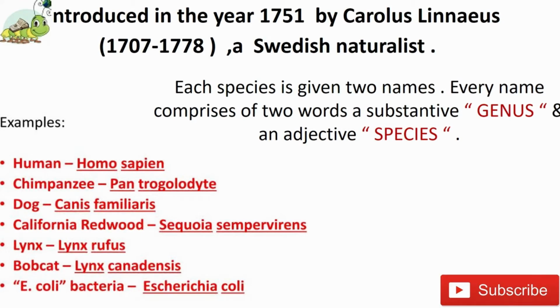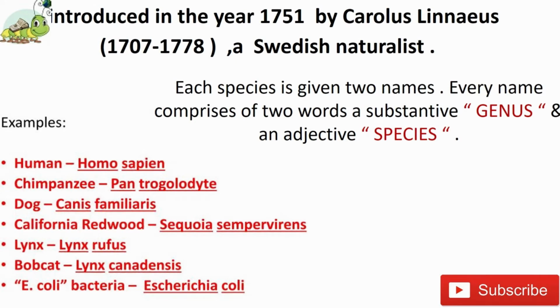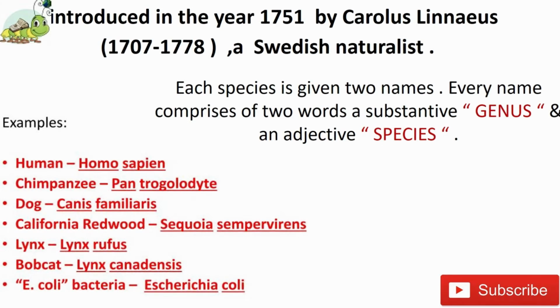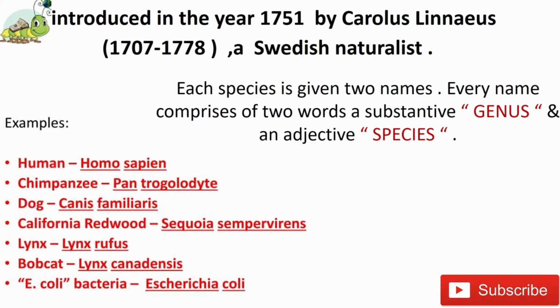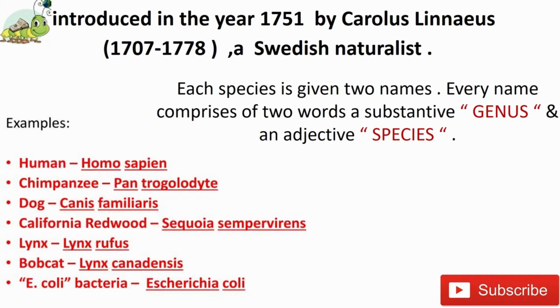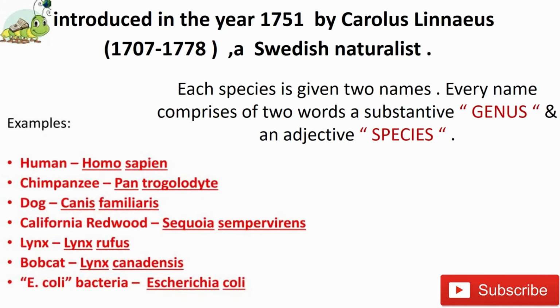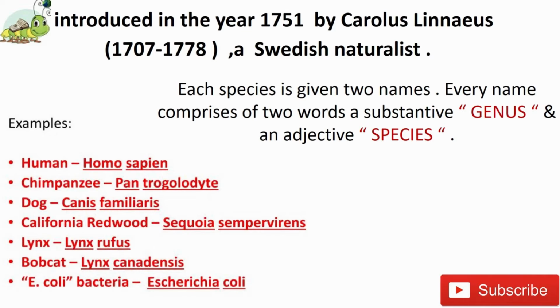Chimpanzee, Pan troglodytes, underlined. The dog, Canis familiaris, underlined. California redwood, Sequoia sempervirens, underlined. Bobcat, Lynx canadensis, underlined. E. coli bacteria, Escherichia coli, underlined.